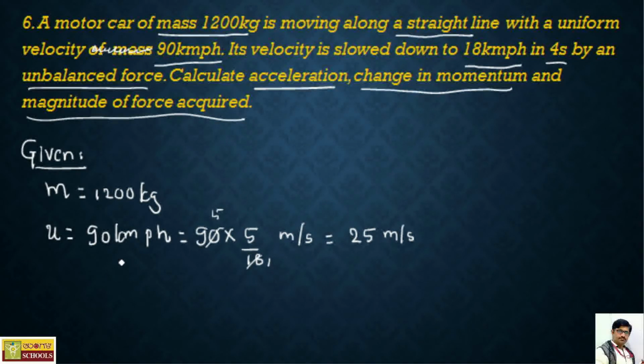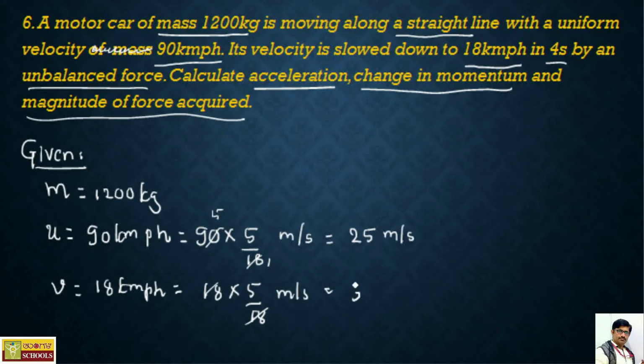Similarly, by the application of an unbalanced force, its velocity is slowed down to 18 km per hour. That can be taken as V, so 18 into 5 by 18 gives you 5 meter per second. So that will be your final velocity V, and time is given, which is 4 seconds.